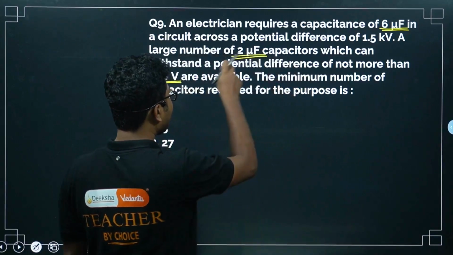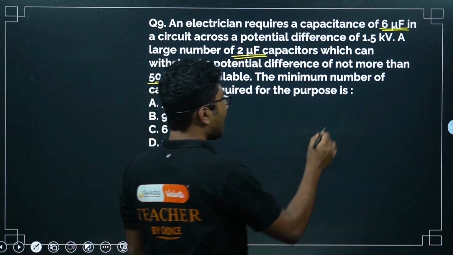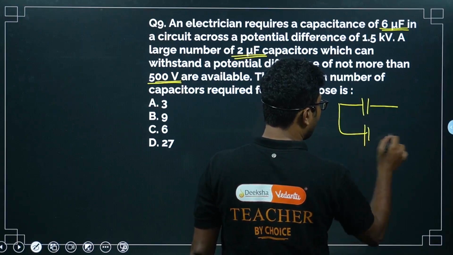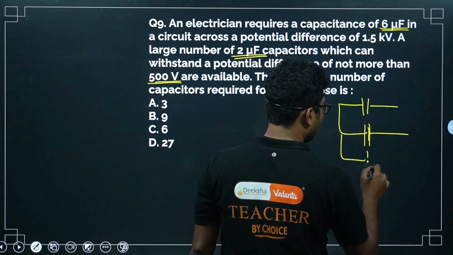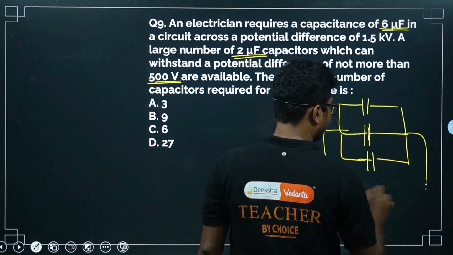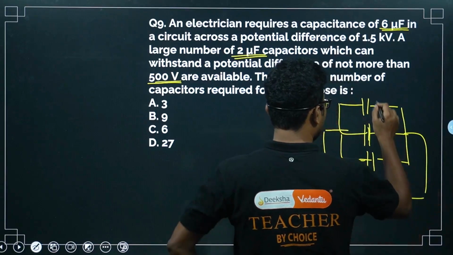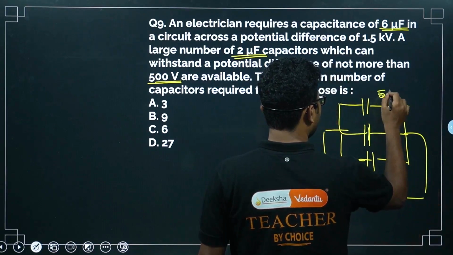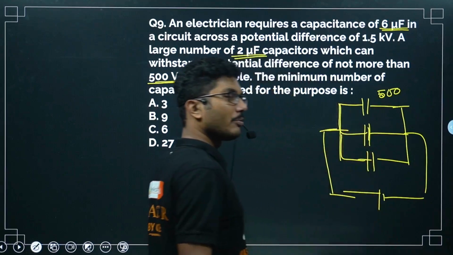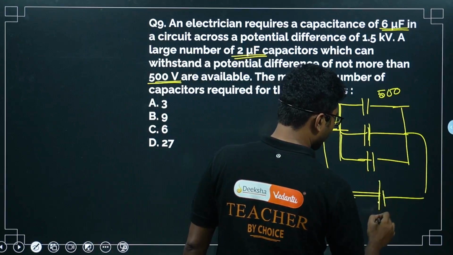If the rating was also 1.5 kilovolt, then we could simply add three 2 microfarad capacitors in parallel. But each of them can withstand only 500 volt. In a parallel combination, each of them gets the same voltage.